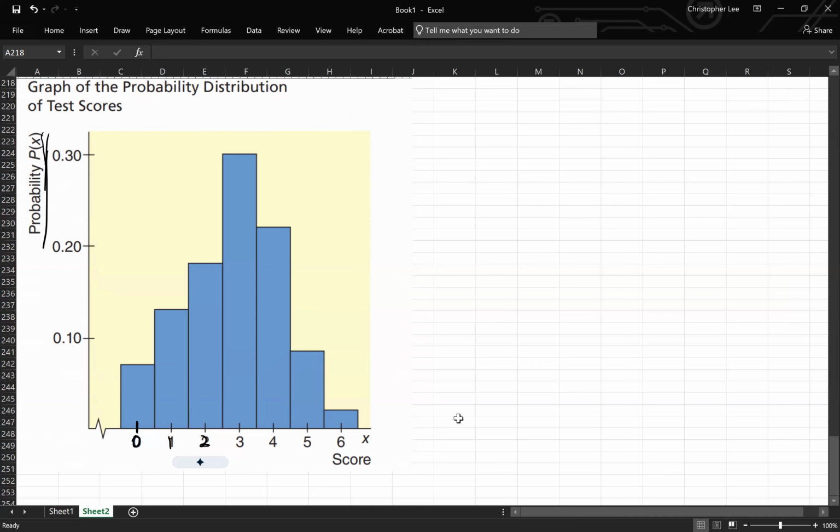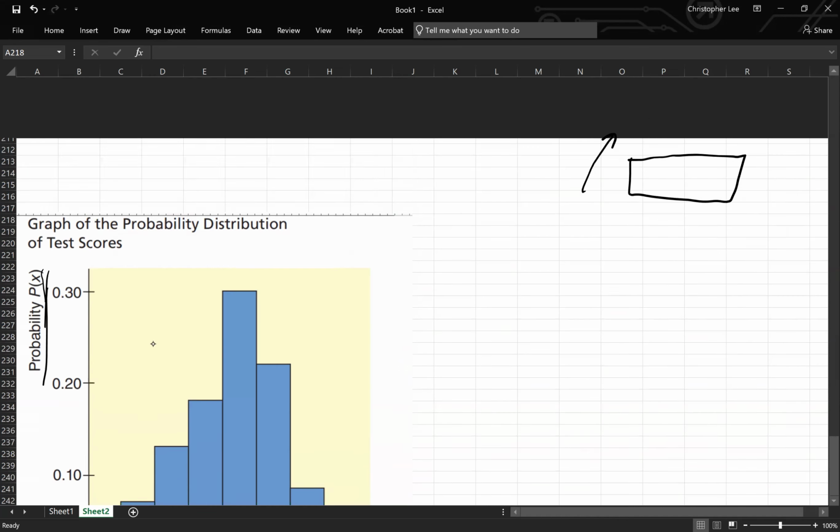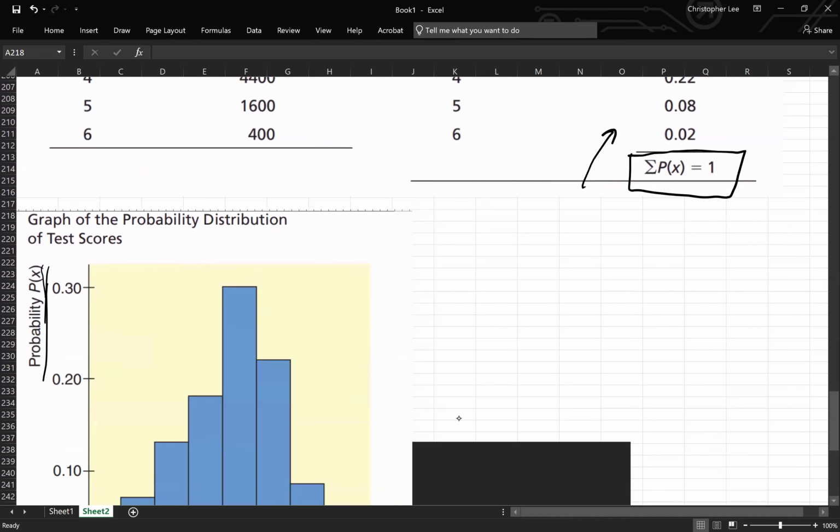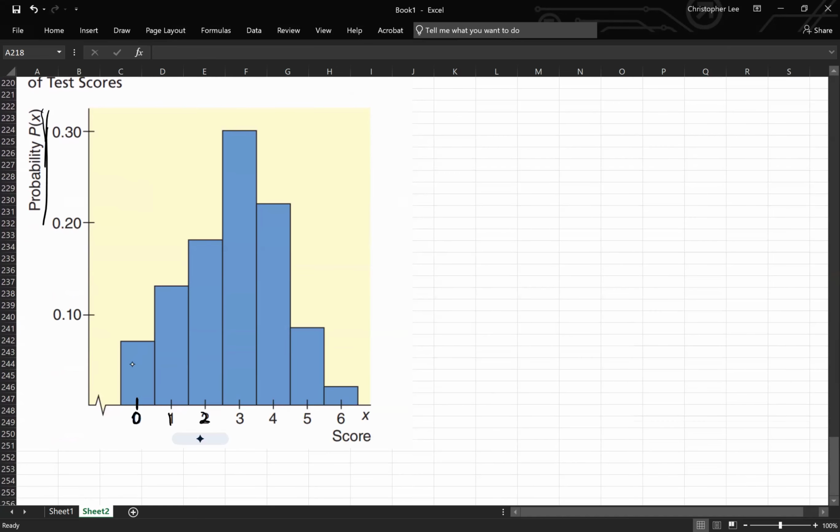The bars are touching, and the height of each bar is just the probability. So the first one is 0.07, for example, and this is our 0.30, etc.